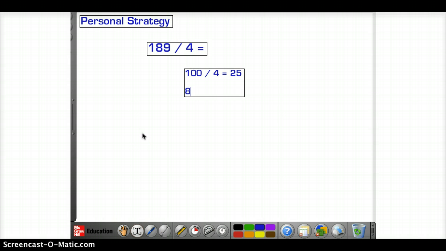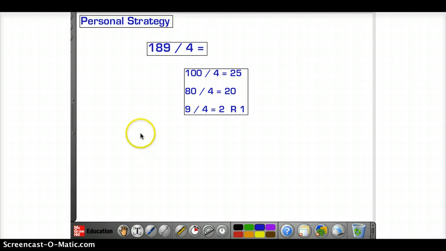So I'm going to take my 80 part of the leftover and divide that by 4, and that divides into 20. So now we're left with 9 of our ones, and we'll divide that by 4, and then we have 2 with 1 left over.